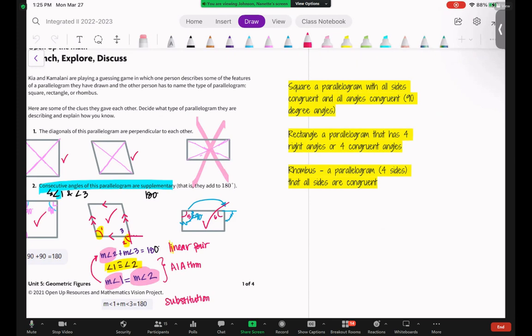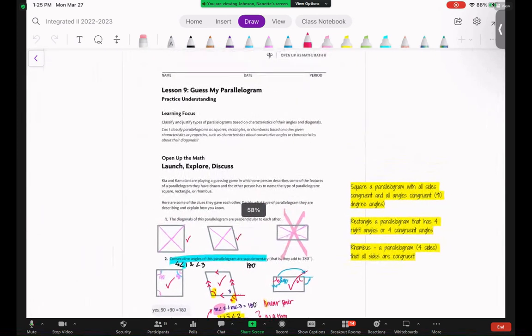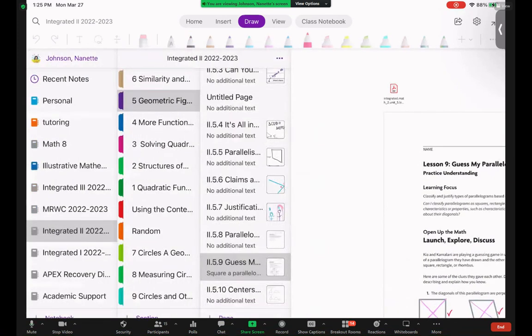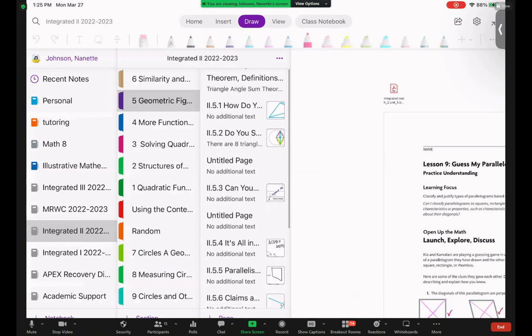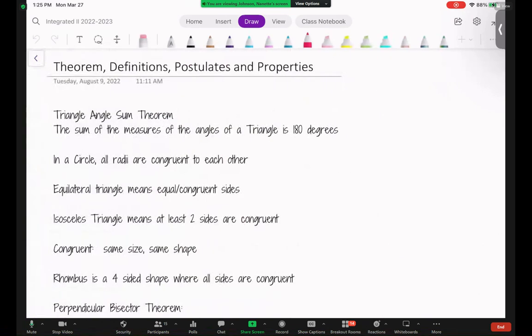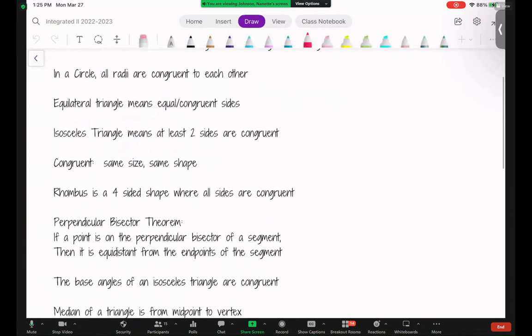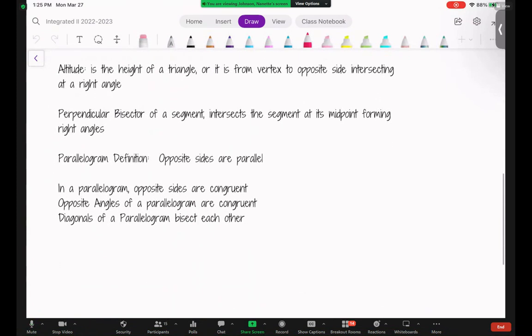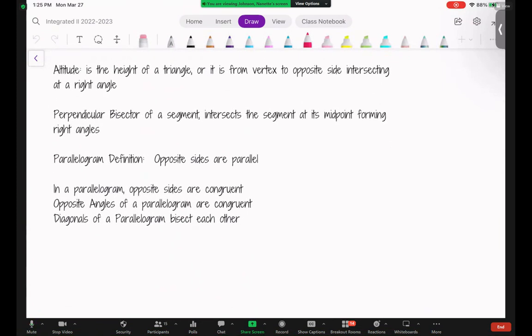I'll give you a hint. It's on this notebook. Yeah, it's up here. Very good. Up here in the theorems, definition, and postulates, the very first page of this section, we have down here are your parallelogram definition or properties.